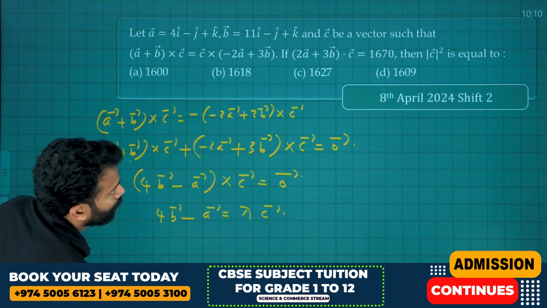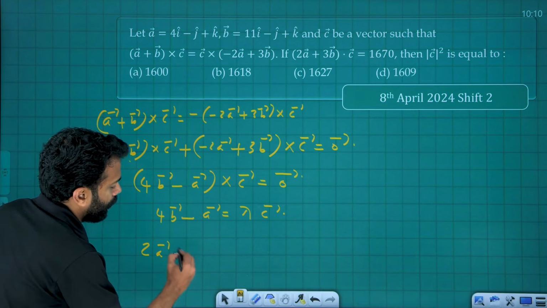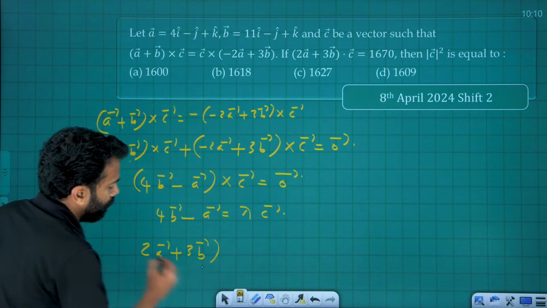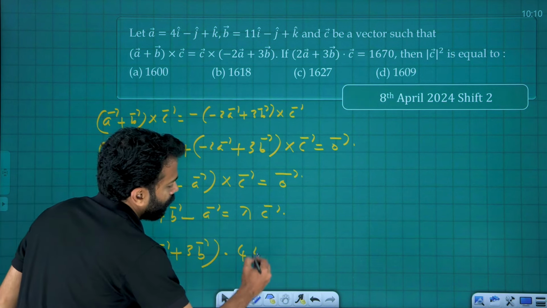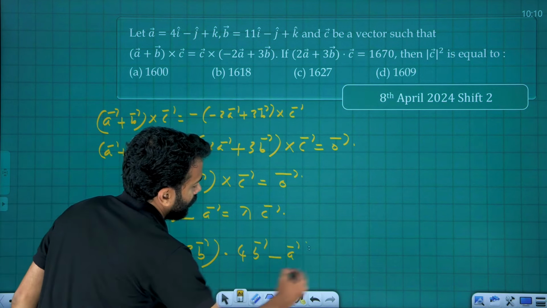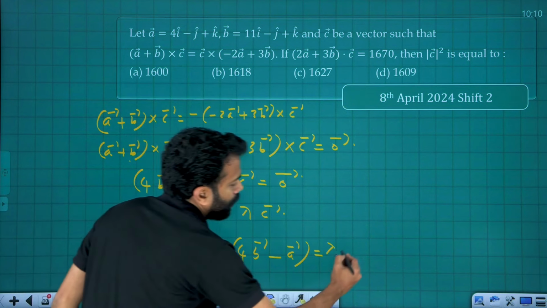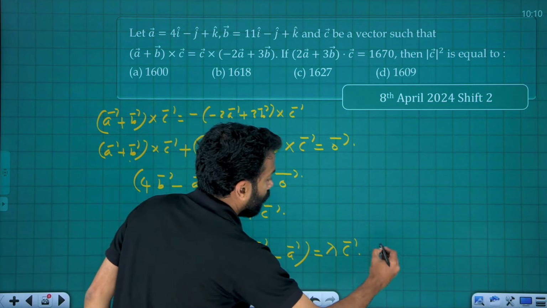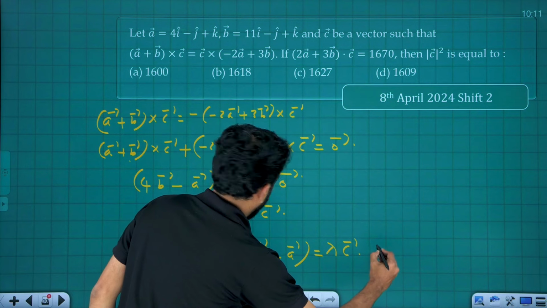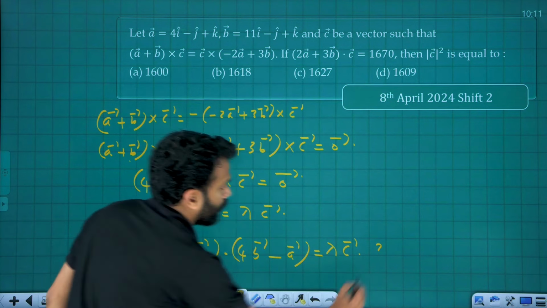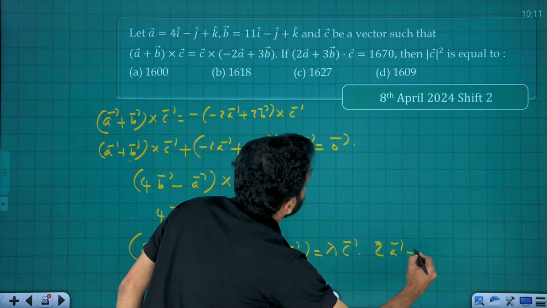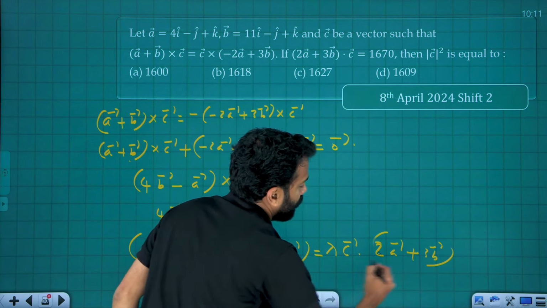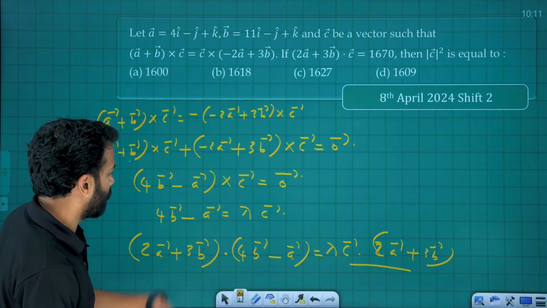Therefore, it will be (2A + 3B) · (4B − A) is equal to lambda into C · (2A + 3B), and this is 1670.